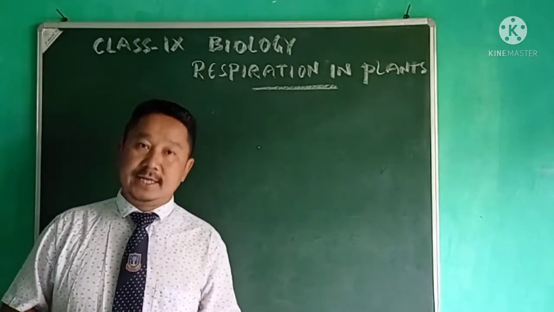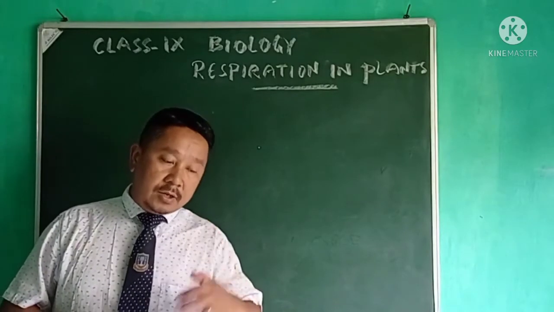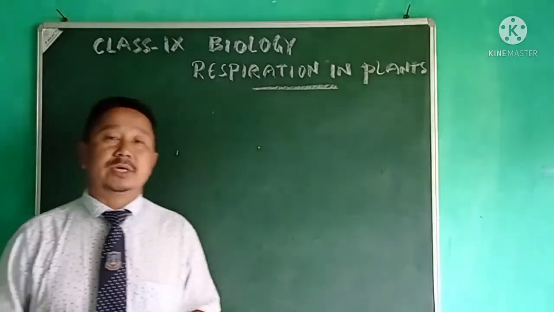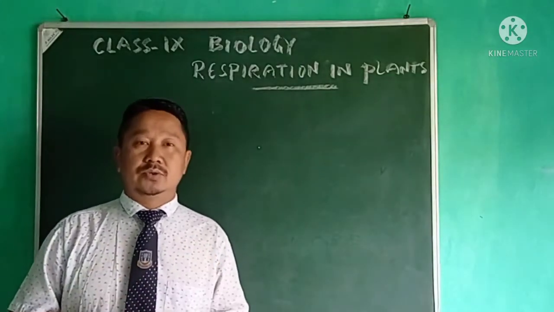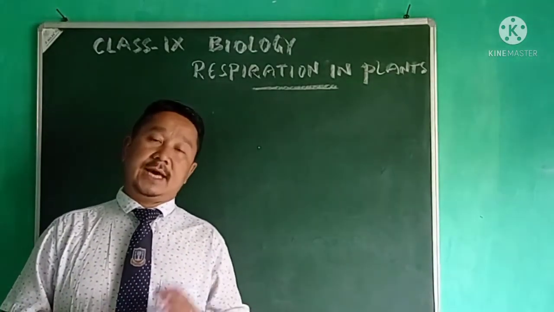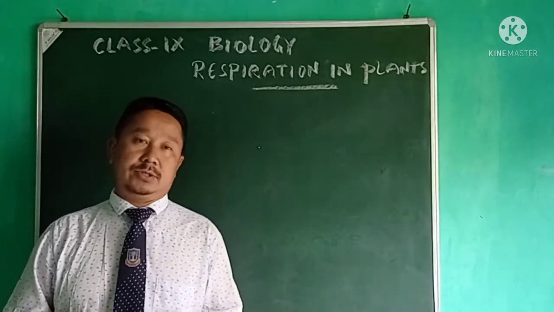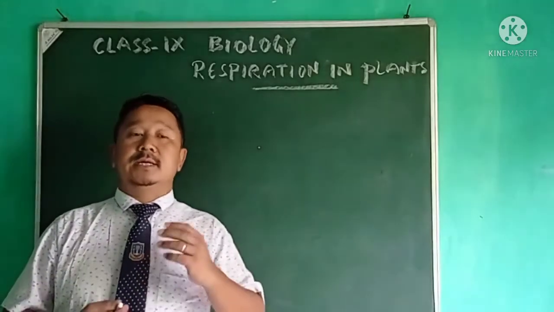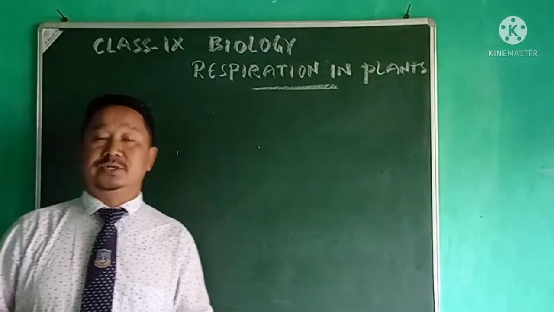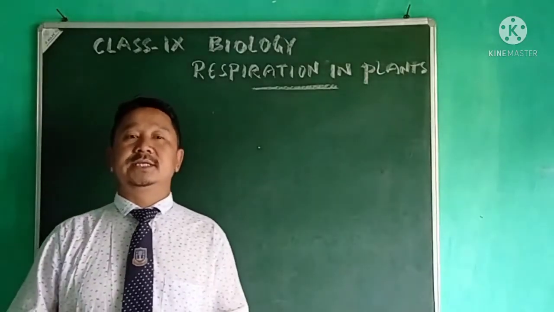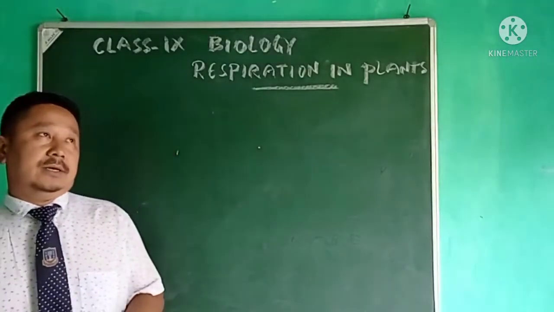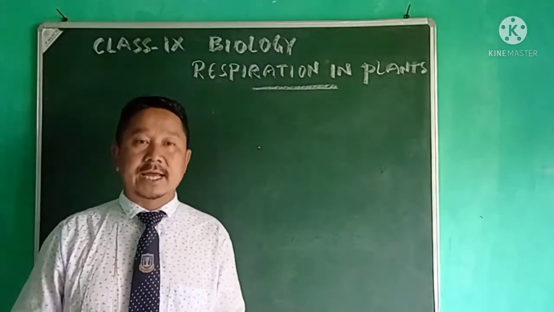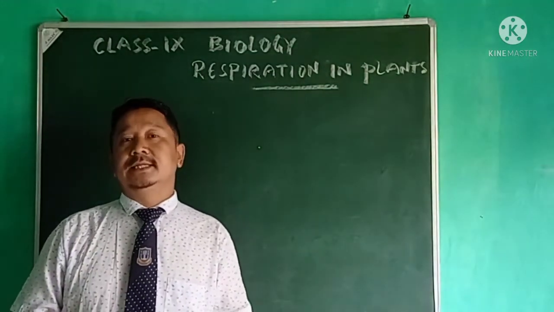To release what? Energy. Along with the release of energy, there are some other products also produced. They are carbon dioxide and water. So as a whole, to sum up the definition, respiration is a process by which living organisms, not only plants and animals, take in the air.